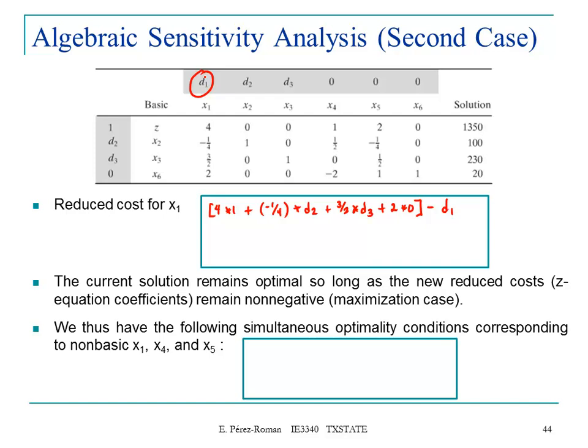And if we solve this, we get 4 minus 1 over 2 D2 plus 3 over 2 D3 minus D1.